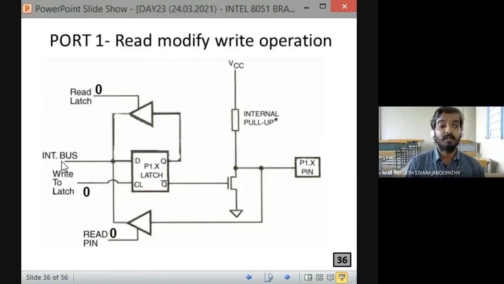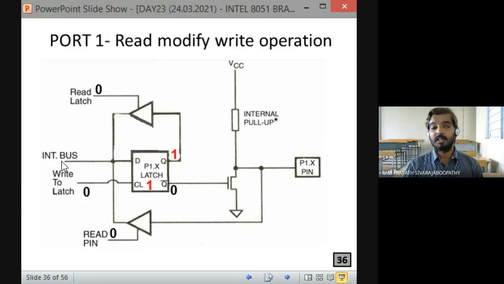Fine. Now we are going to discuss the read, modify, write operation. Please listen carefully. Initially, we are going to assume the latch has 1. I am assuming the latch previously has the value 1. Now, what about the output at Q bar? 0.